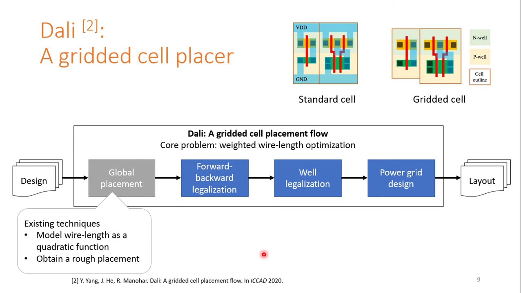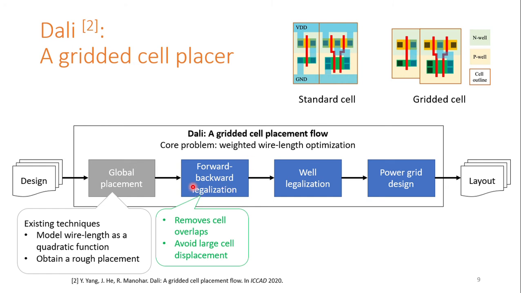During forward-backward legalization, we remove cell overlaps and avoid large cell displacement from the global placement suggestions. But note that we need to deal with gridded cells, which are harder than standard cells.